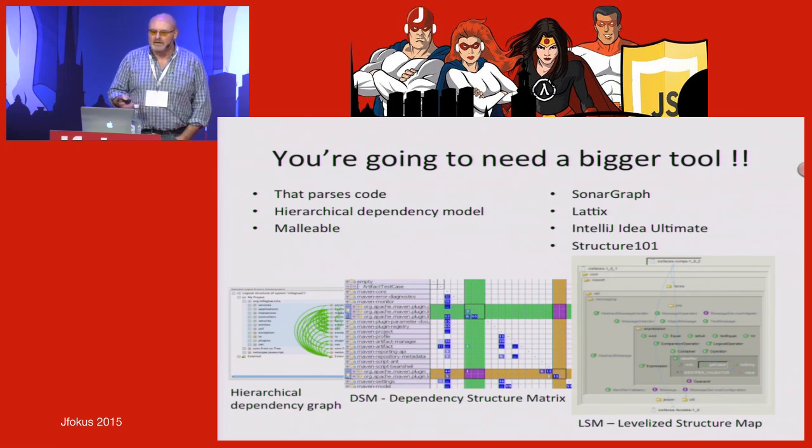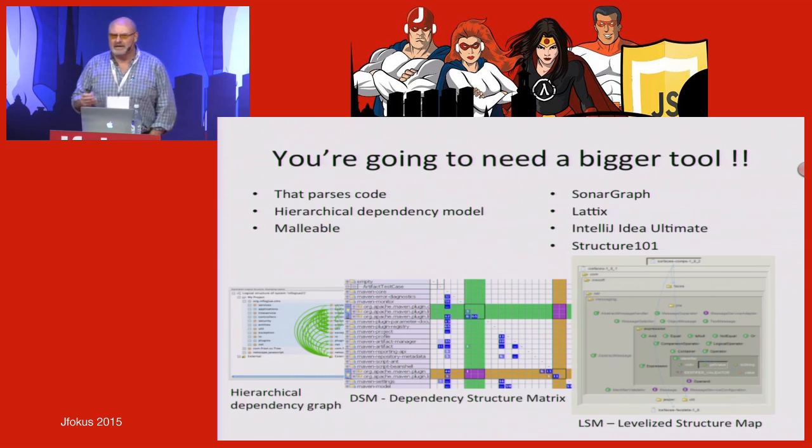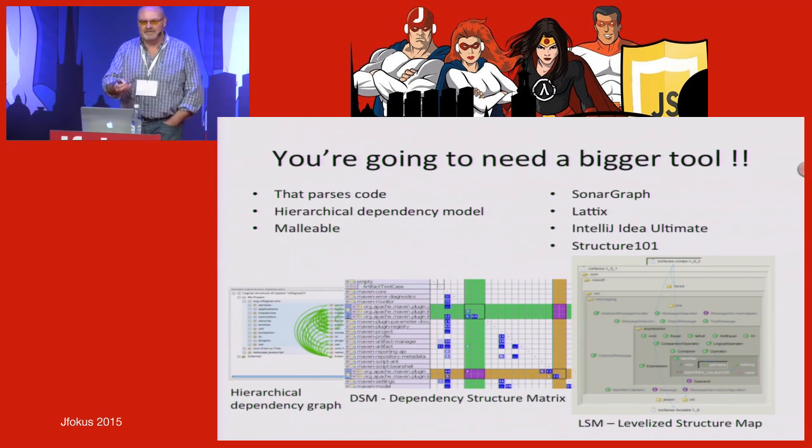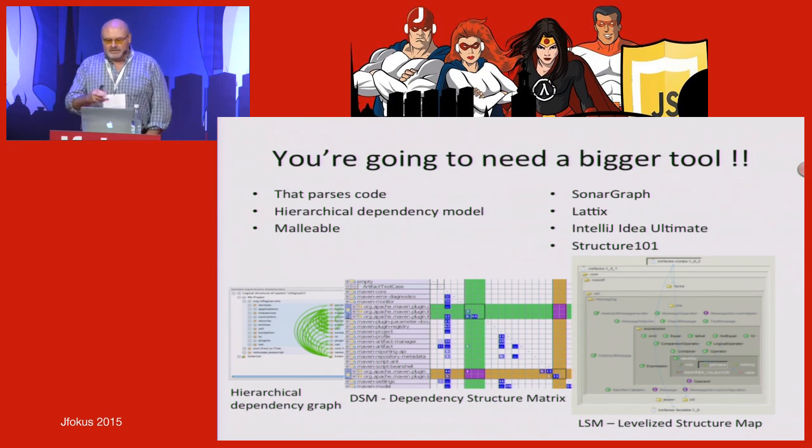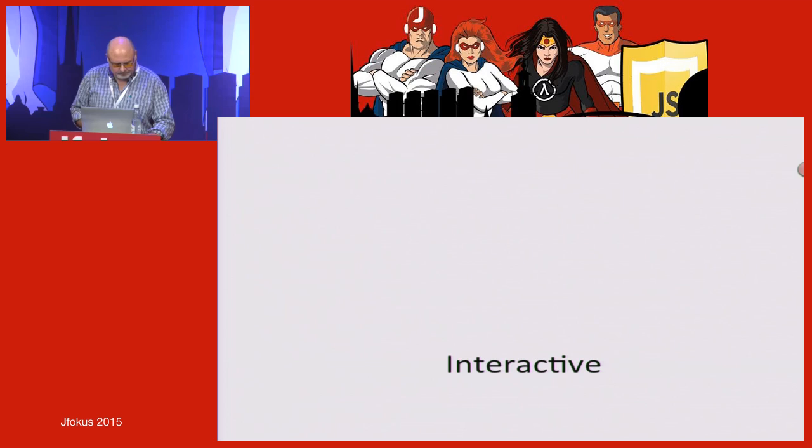All of these have their own pros and cons. You want to get one, and there are certain freebie analysis tools, JDepend you've probably come across, that give you aspects of this stuff. What I'll show you today will be Structure101, but what I'm going to show you is a subset of it, and you can do the same stuff with other products also. So let's go take a look at that.